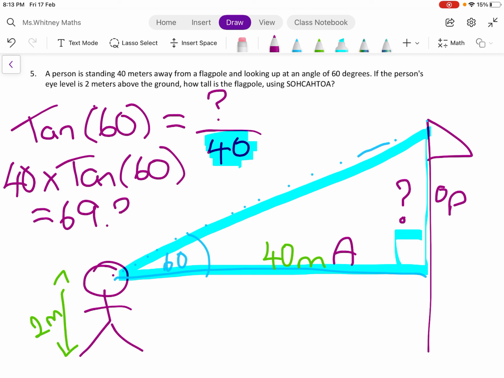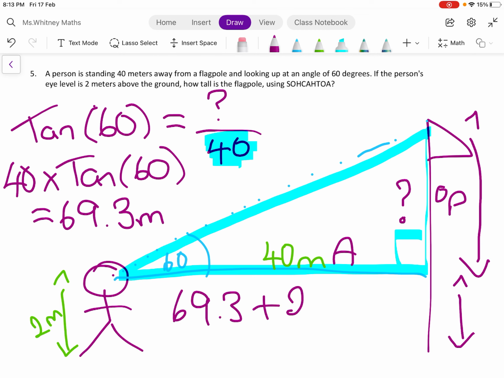So I'm going to round that, 69.3 meters. However, we are not finished because we need the total height of the flagpole. So we need to also add the 2 meters of the person's eye level. So we're going to do 69.3, add 2 is going to give us 71.3 meters as a final answer.